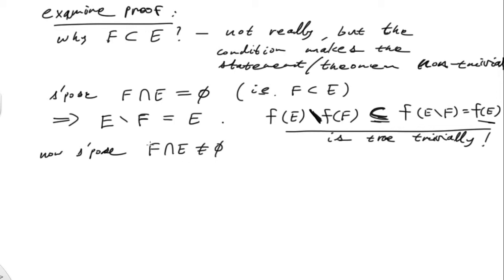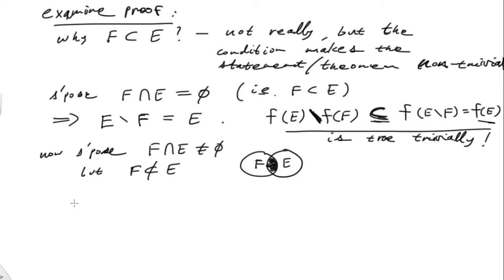They do actually share some points in common, but F is still not a subset of E. So this is the example where F would be like this and E would be like that. So they do share some points in common, but they don't share all objects. So F is not a proper subset at all.